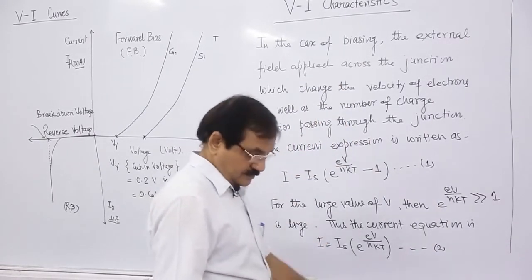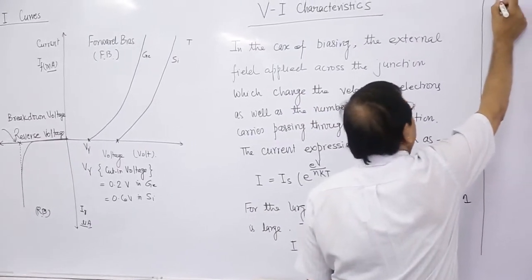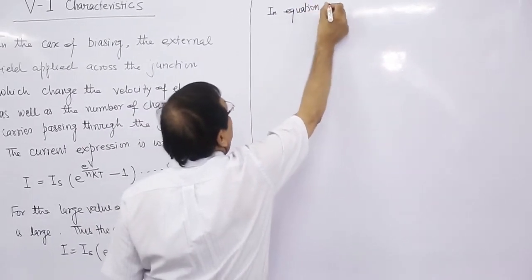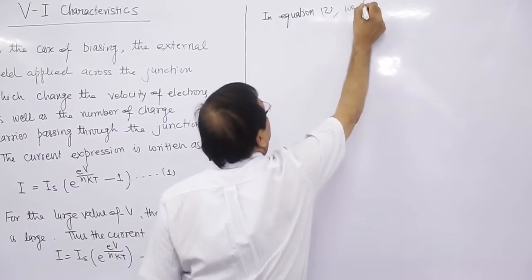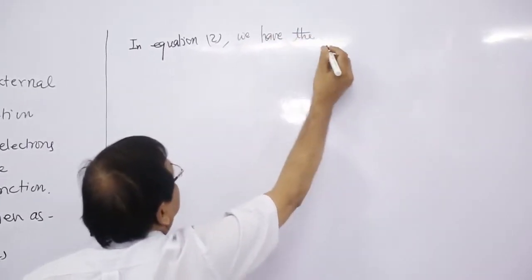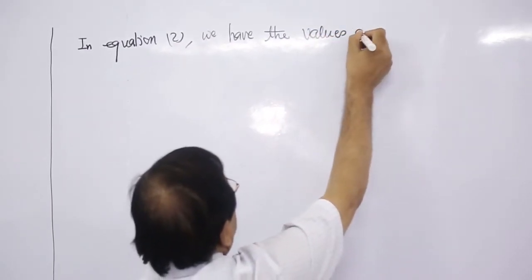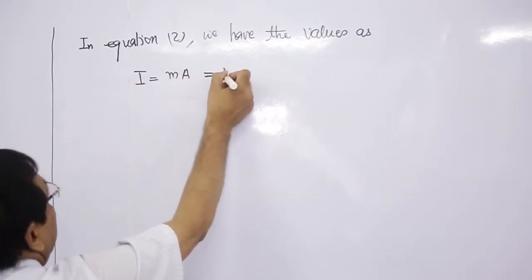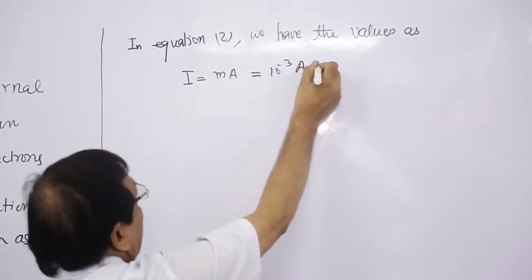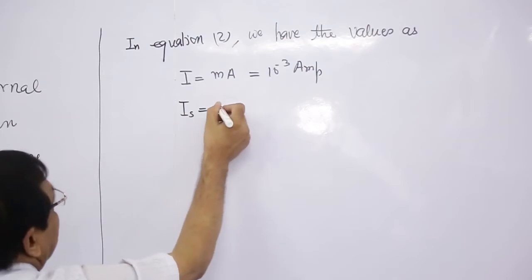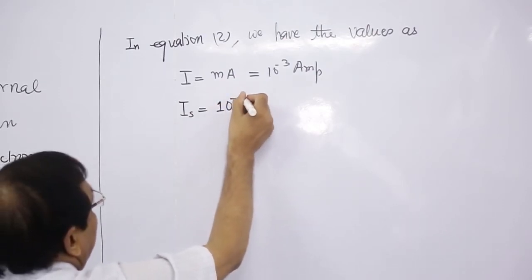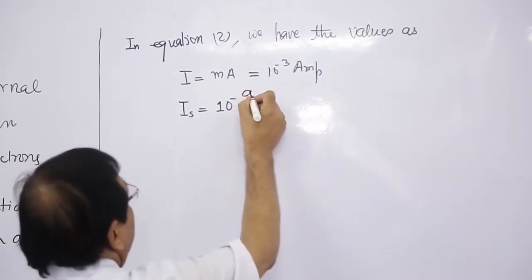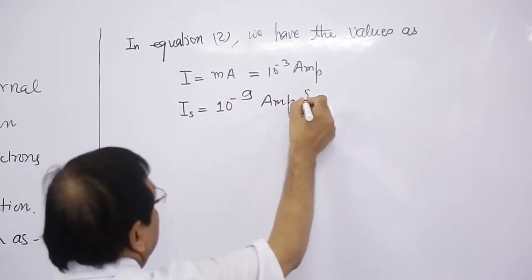In the previous module, in equation 2, we have the values as I is milliampere, that is 10 to the power minus 3 ampere, and I s is 10 to the power minus 9 ampere.